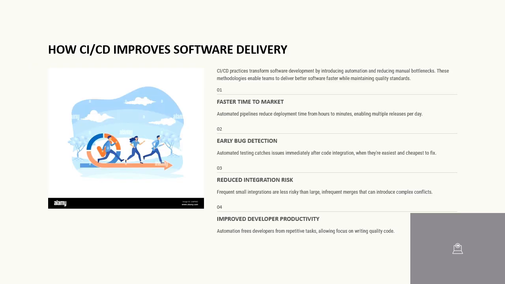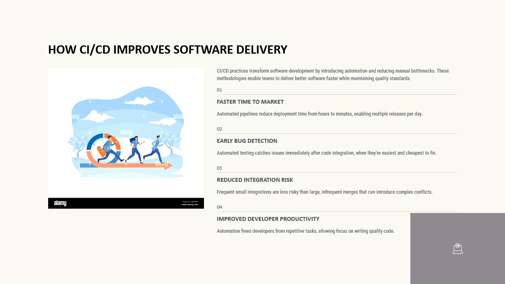Now, how will continuous deployment help us? With continuous integration, developers frequently merge their code into the shared repository, and each merge triggers automated builds and automated tests. So errors will be detected early, reducing debugging needs much later.